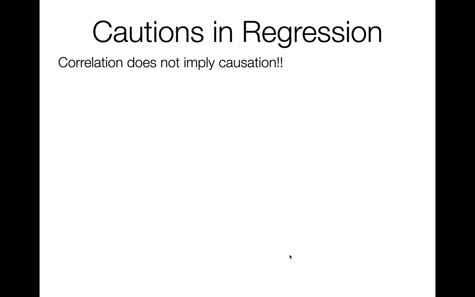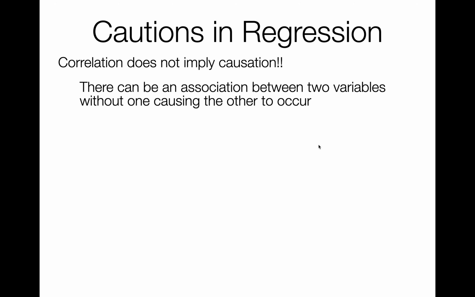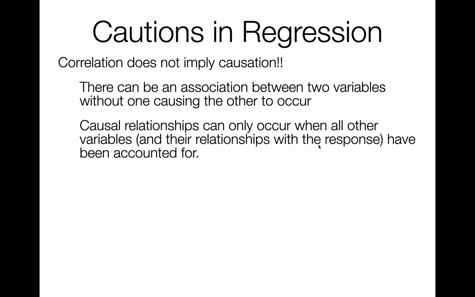This is something that, for instance, the tobacco companies really harped on for a long time to try to keep their cigarette business up: two things can be correlated, smoking and lung cancer, but smoking does not cause lung cancer. You can get lung cancer without smoking. So that's correlation does not imply causation.